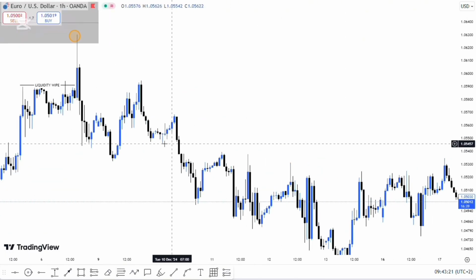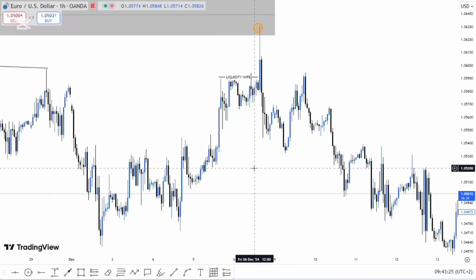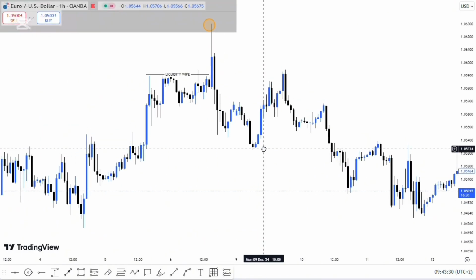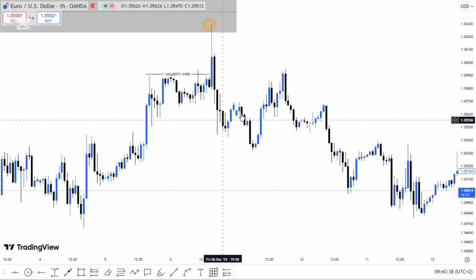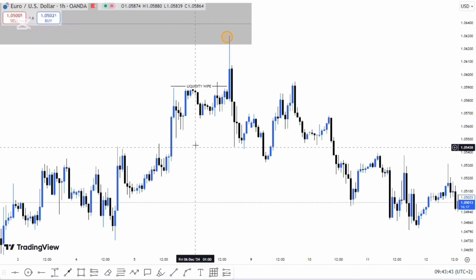So once I have that, the next thing I have to do is use a confirmation entry, since price had already moved. When using a confirmation entry, the first thing you need to do is to wait for price to tap into your origin, which price has already done right here.